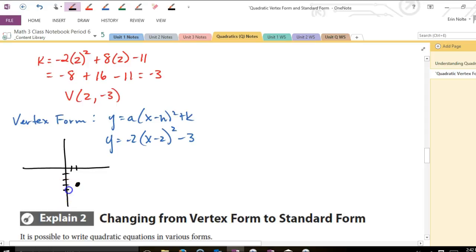So what are my 2 directions? Down 2 and over 1. Down 2 over 1, and I'm going to reflect that and draw a parabola. Not a V, right? Not a V. Parabola. Curvy. That's pretty good, curvy. Everybody good with that?